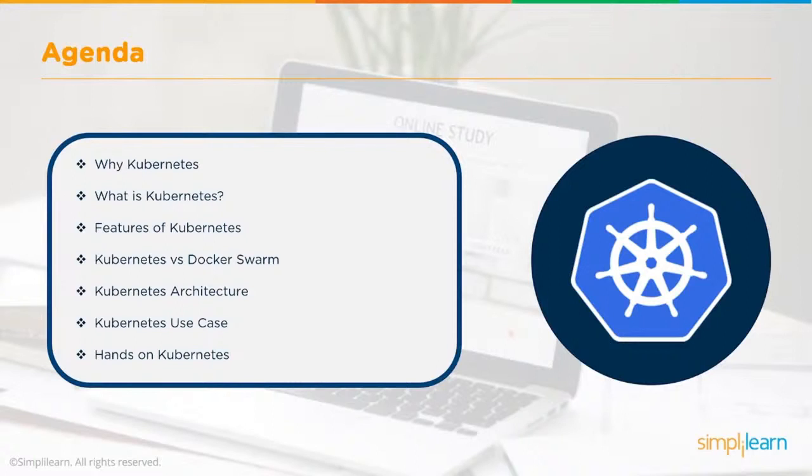And then finally, we're going to look at some Kubernetes use cases of how you can actually apply best learnings that other companies have used with Kubernetes. We'll finish everything off with a demo where we step through and use some of the actual commands that you can run from your terminal window to activate Kubernetes itself. So with that said, let's jump in.